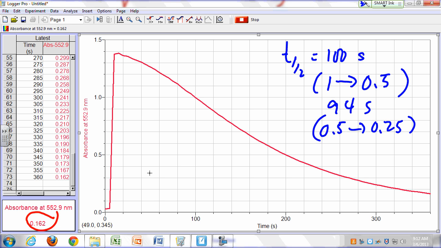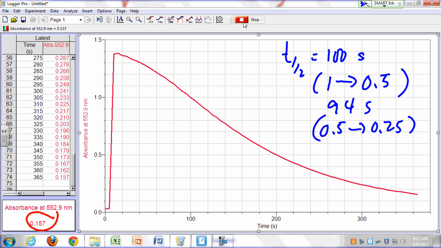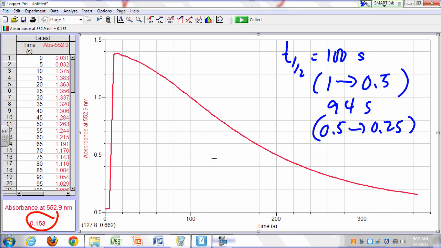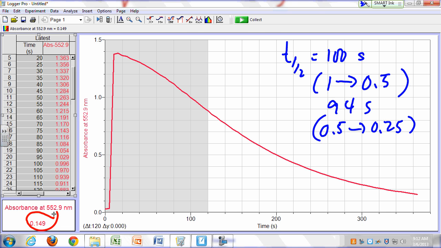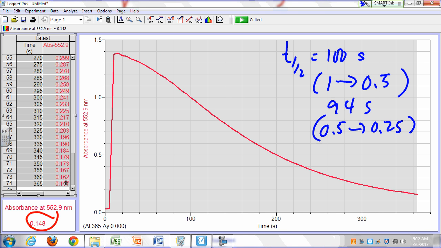Okay, so let's go ahead and stop this data collection. I'm going to transfer this data to Excel so we can do some analysis from there.